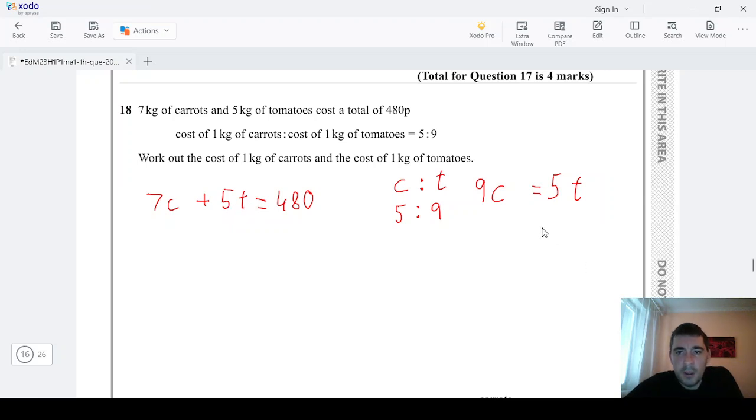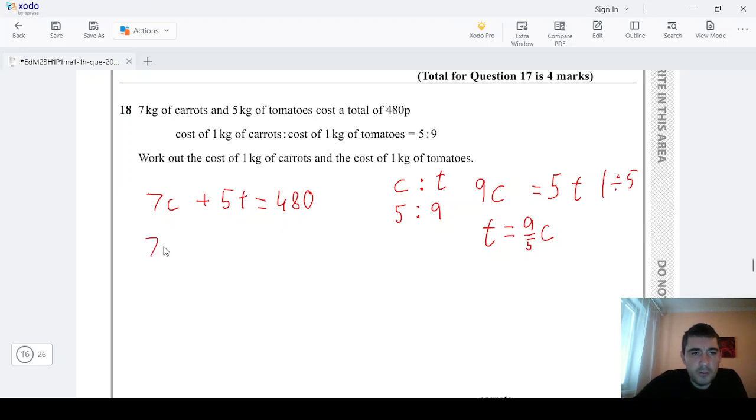So just making myself a note that tomatoes is, so if I divide both sides by 5, we'll get 9/5 of carrots is the same as tomato. Okay, so for the price of tomato I can get nearly 2 kilograms of carrots. Okay, so now just substitute that into the first equation.